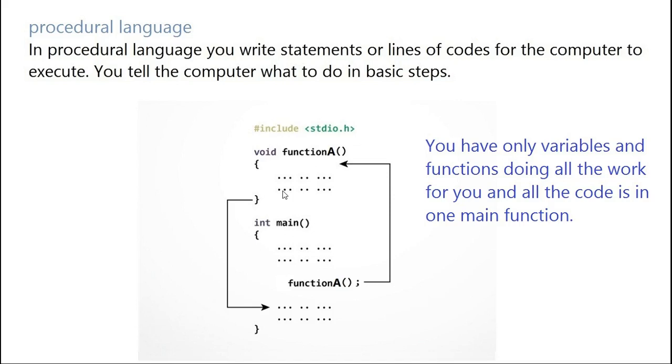And when it is executed, it returns execution control back to the main function on the next line following that function call. You have only variables and functions doing all the work for you, and all the code is in one main function, starting at the top and continuing through the end. And it's done. That was a little introduction of procedural language.